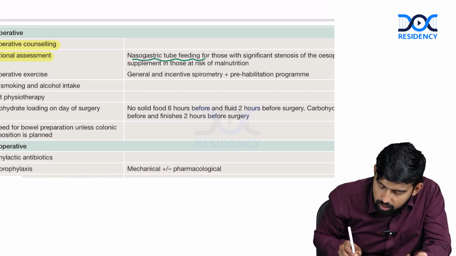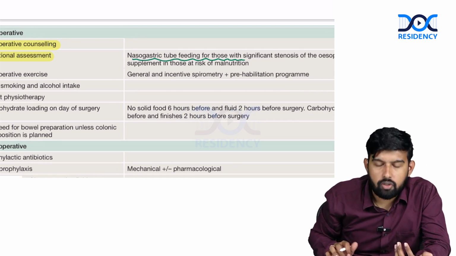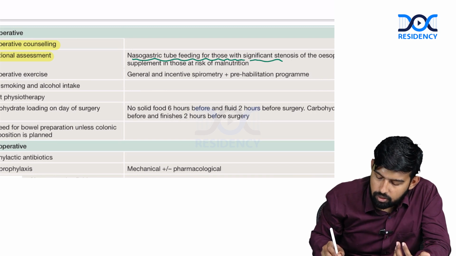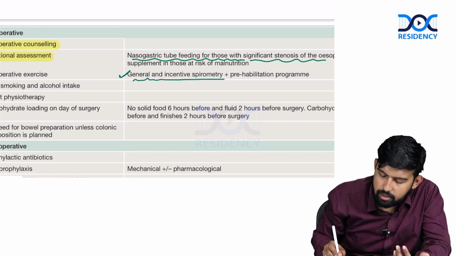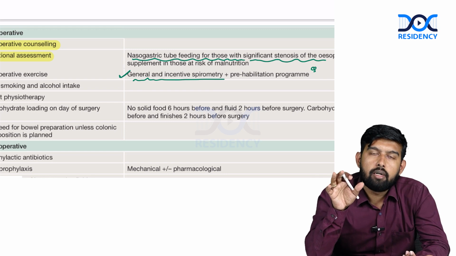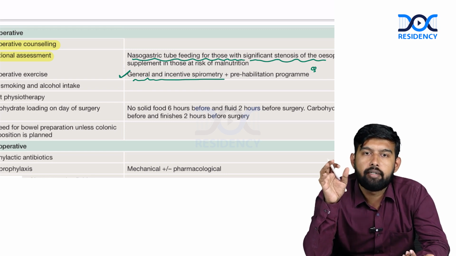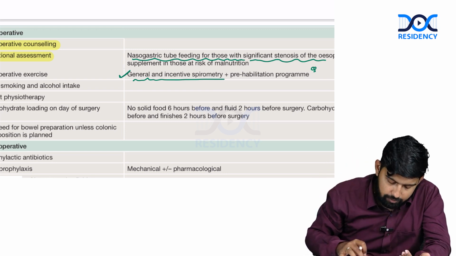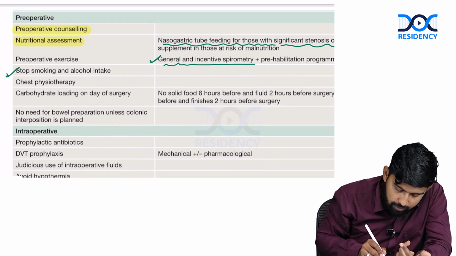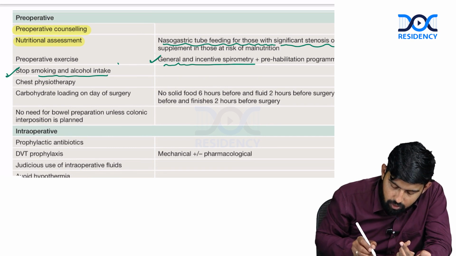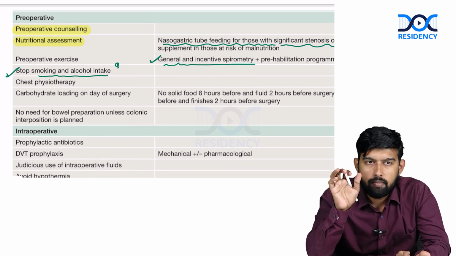Nasogastric feeding is done in case of a significant stenosis of the esophagus, and pre-operatively incentive spirometry is started so that we can avoid post-operative respiratory related complications. And we should avoid smoking and alcohol intake 1 to 2 months before the surgery.